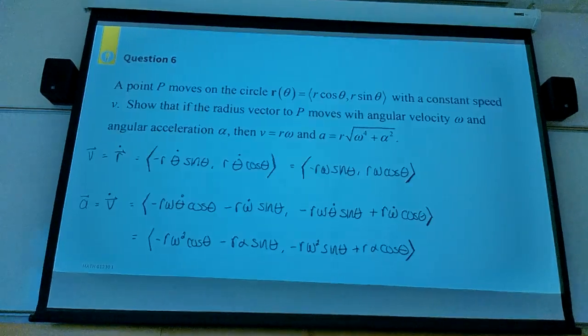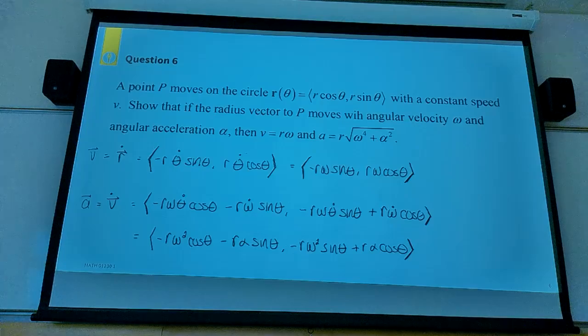Well, notice in the velocity vector you have r common, factor it out. So you have r times the square root of your first component squared plus second component squared.